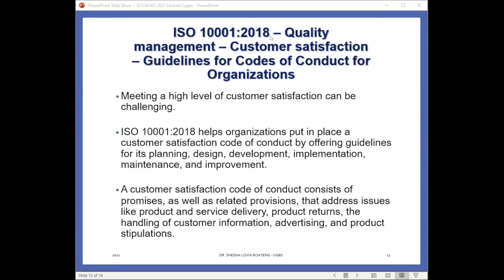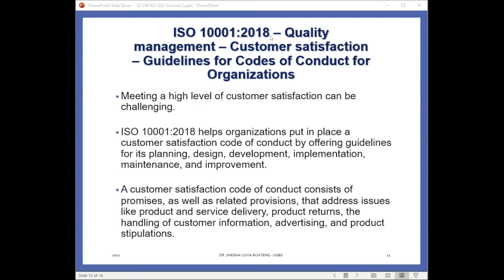Now, this standard was developed because, first of all, meeting high levels of customer satisfaction can be challenging. And as we learned earlier today, it is because customer needs are myriad. Their expectations are so many, and there's no way we can fully satisfy them, which makes the whole process a challenging one.